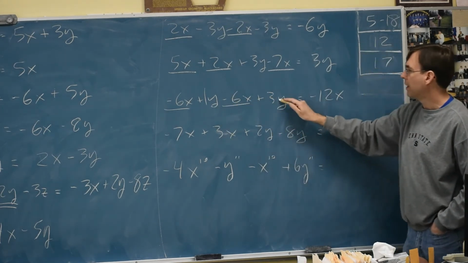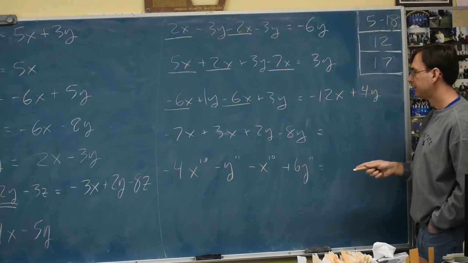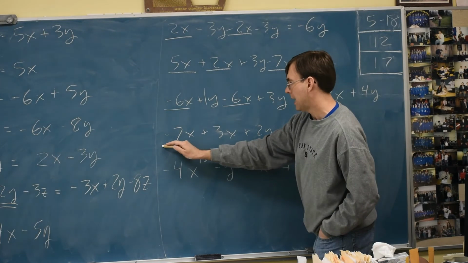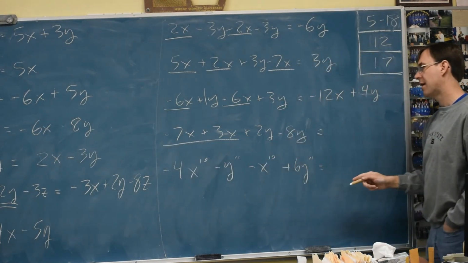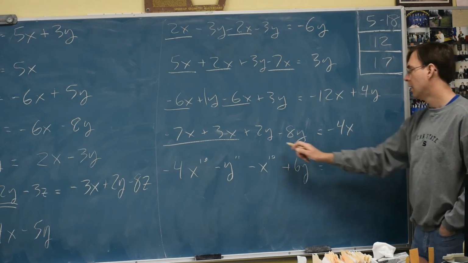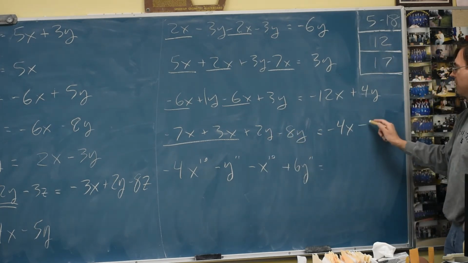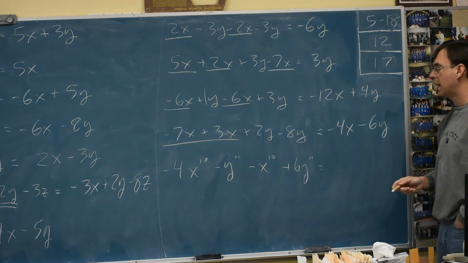A +1 and a +3 is a +4 y. X's there, -7 and +3 is -4. The y's at the end, +2, -8 makes -6 for the y's.